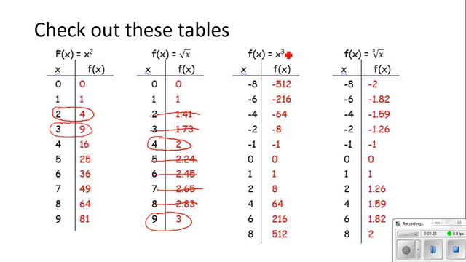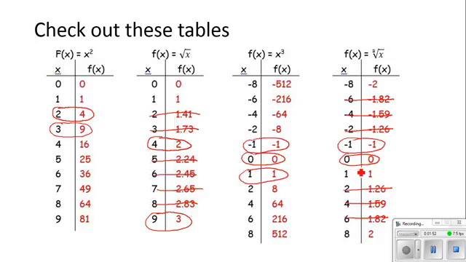Let's look over here at cubed and cube root. Again, they're opposites of one another. So let's look and see what happens. Again, I'm just going to ignore the decimals because decimals just make things unneeded complications. But again, 0, 0, matchy, matchy, -1, -1 also matching, 1, 1 and 1, 1.